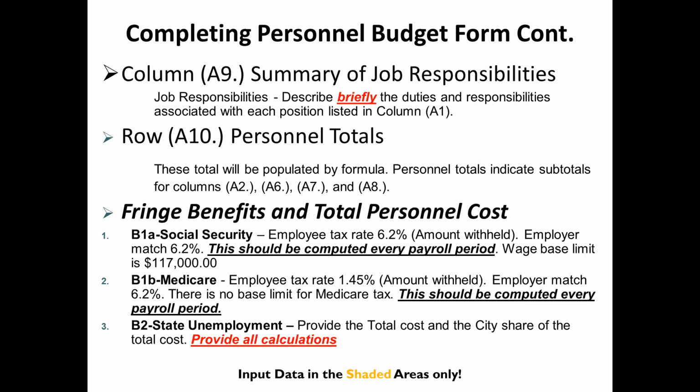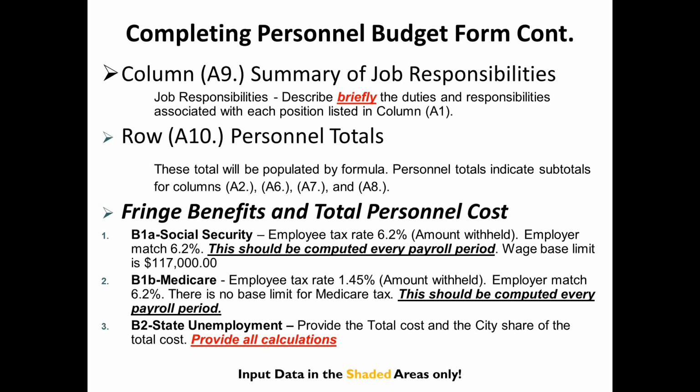So for the city share, in preparing your budget, for all expenditures except fringe benefits, you can apply this rule: the city share can be equal to or less than total cost. You cannot apply that rule to fringe benefits. The fringe benefit rule is that the city share has to be proportional to the amount of city share funding.